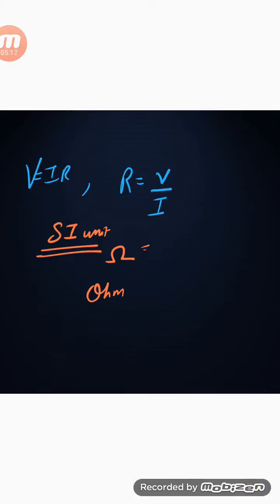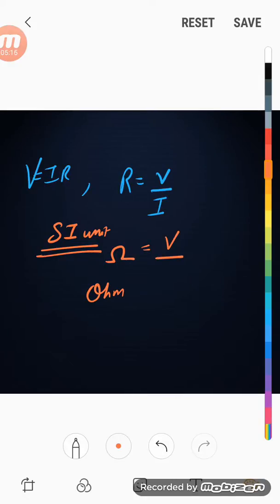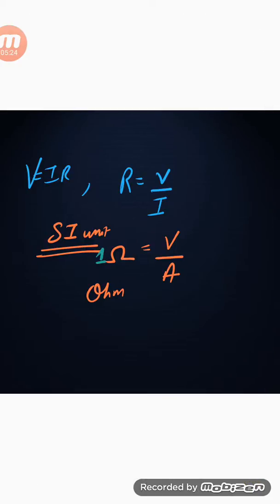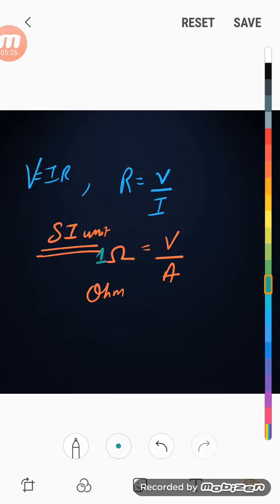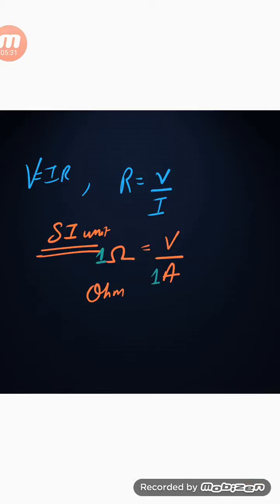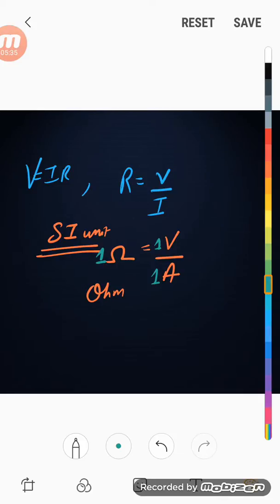So V is potential difference upon current, which is measured in ampere. If someone asks you what do you mean by 1 ohm of resistance, what we say is if 1 ampere of current flows in a conductor when 1 volt is applied, then the resistance in that conductor is 1 ohm.